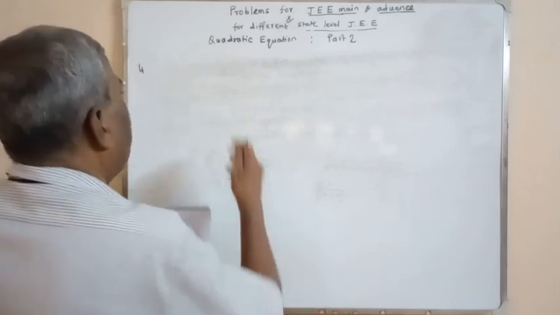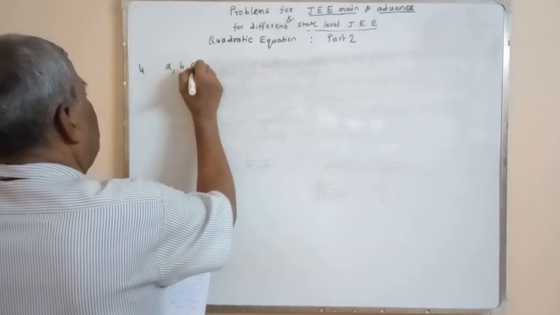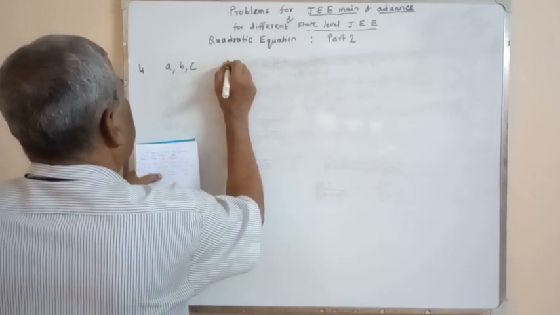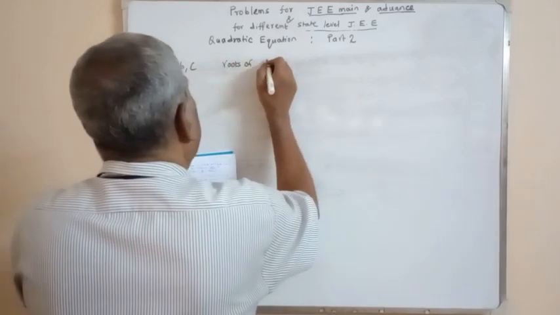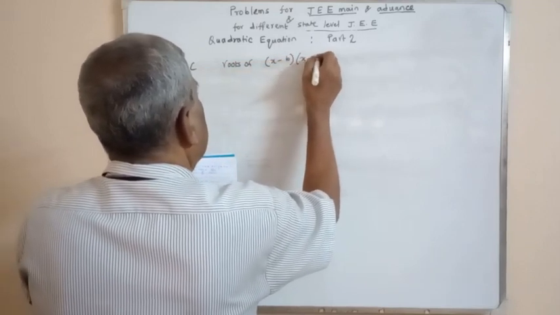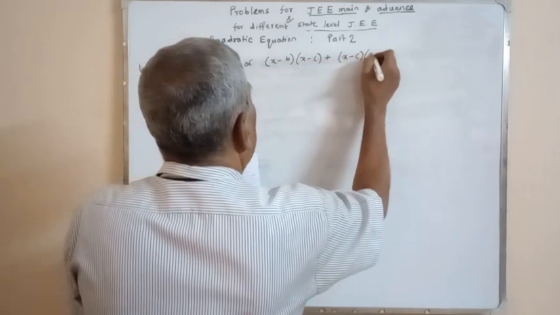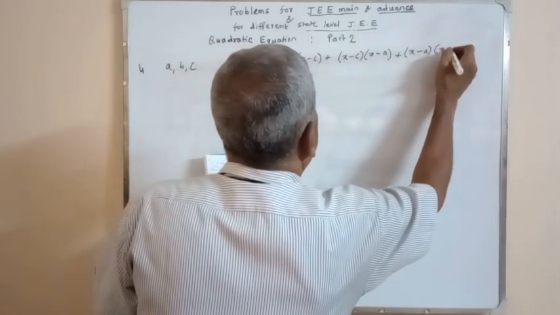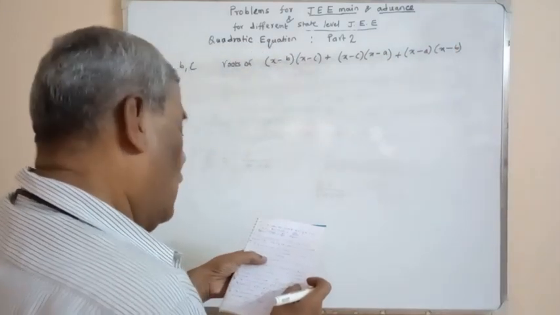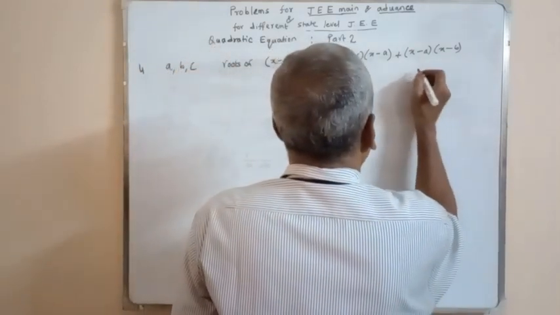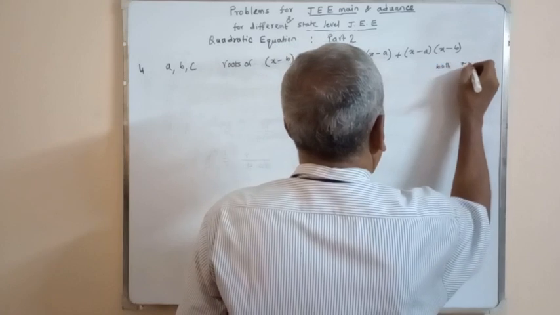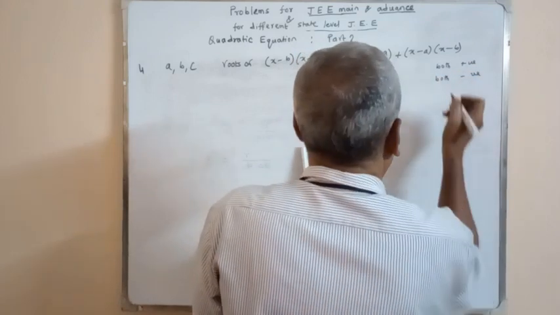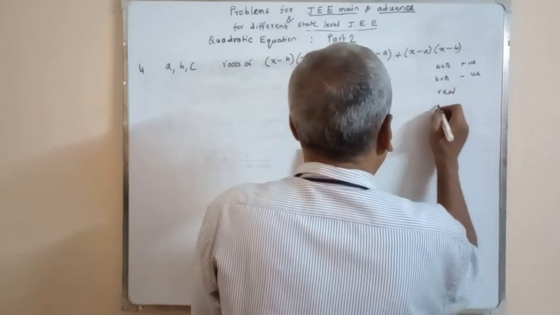If a, b, c are all real, then the roots of (x minus b)(x minus c) plus (x minus c)(x minus a) plus (x minus a)(x minus b) are always: first option, both positive; both negative; all real; all imaginary.